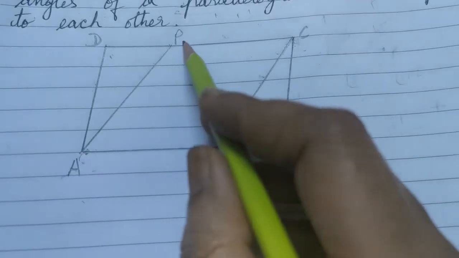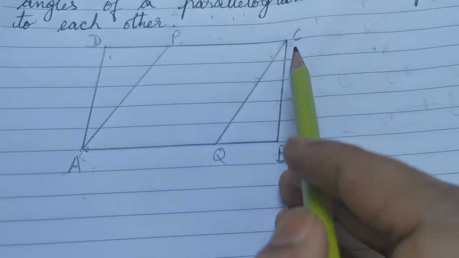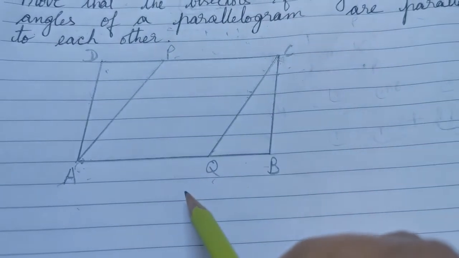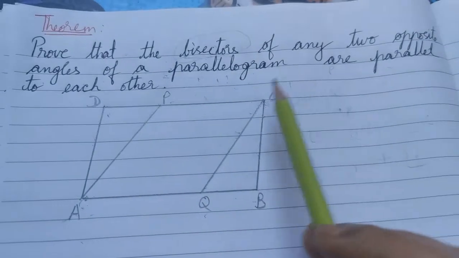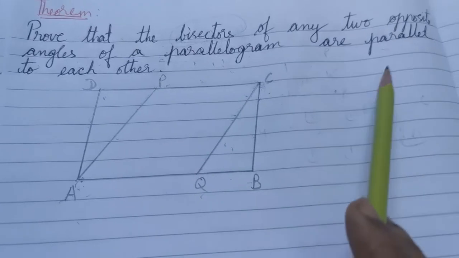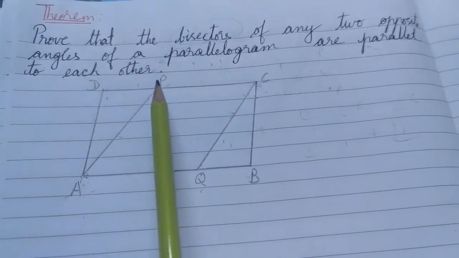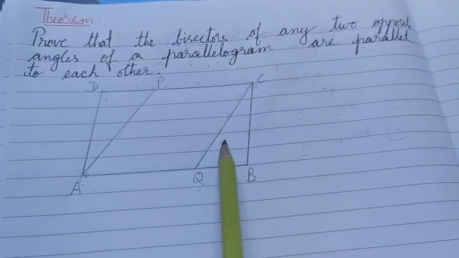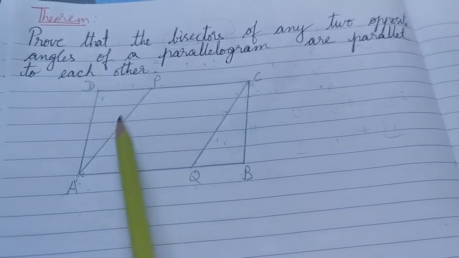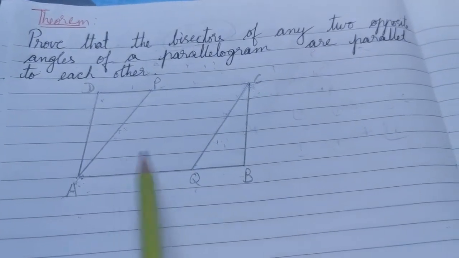So AP is the angle bisector of angle A and CQ is the angle bisector of C. Now I have to prove that these two angle bisectors are parallel to each other. This is what is given in the statement: prove that the bisectors of any two opposite angles of a parallelogram are parallel to each other. This is what I have to prove now.